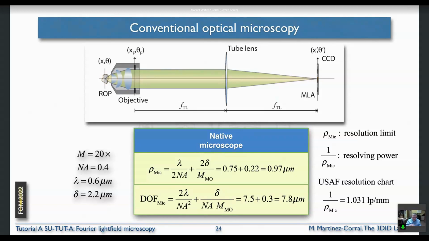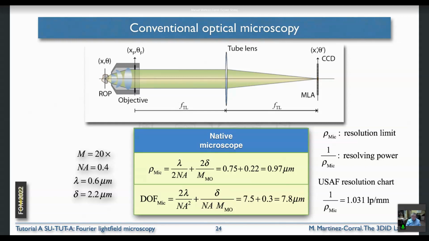We combine the two effects, and we see that this microscope has a resolution limit of about 1 micron, and a depth of field, which is also governed by a formula that depends on the pixelation and on the diffraction. So we have about 1 micron of resolution limit, about 8 microns of depth of field.